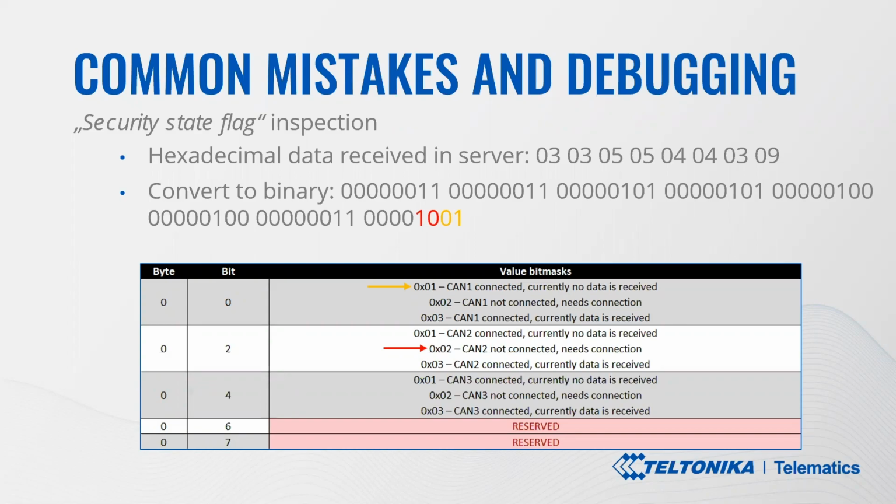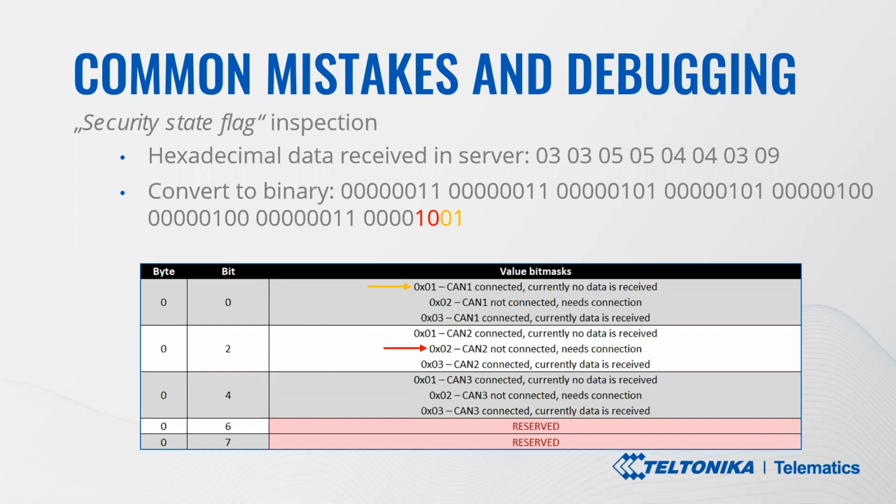You can have 3 statuses with security flags. So basically, if you determine that you have 0, 1 in decimal, which means that CAN 1 is connected and currently no data is received, this usually means that the required CAN line is connected correctly, but the data is not incoming. This may occur when there is no ignition or the CAN bus is in sleep mode.